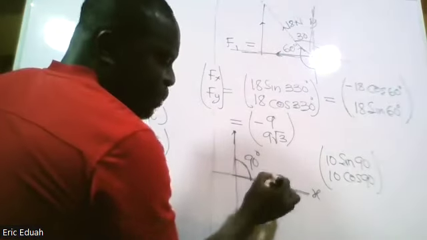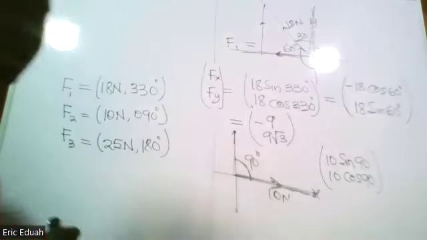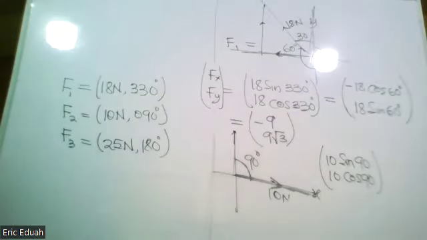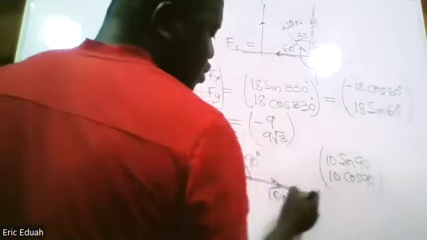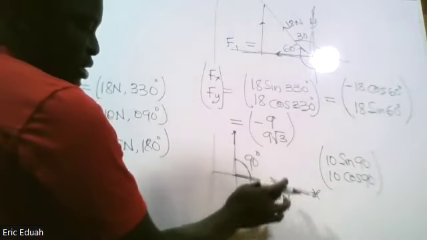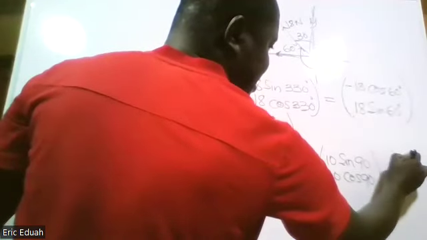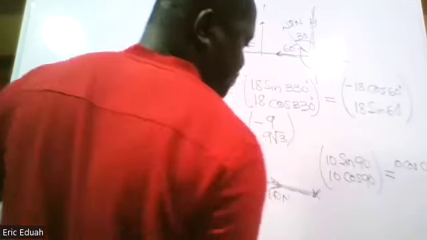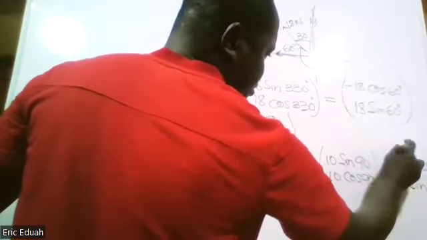The force is parallel to the axis. So it makes an angle of 0 degrees with the x-axis. So if I'm resolving this force using the angle it makes with the x-axis, it is equal to 10 cos 0 and 10 sine 0.